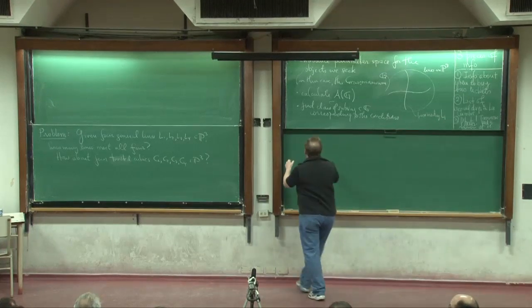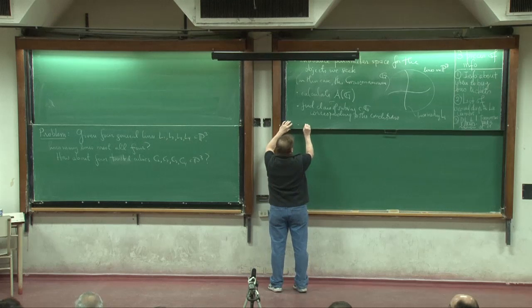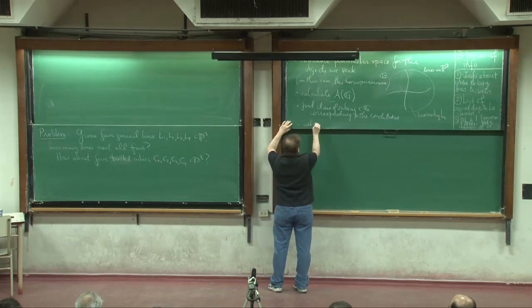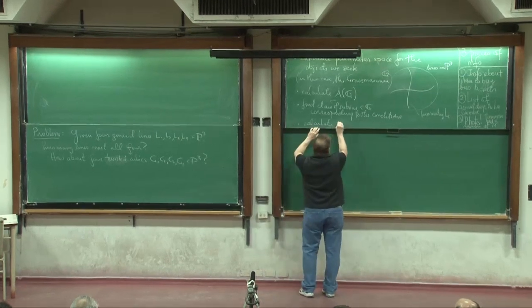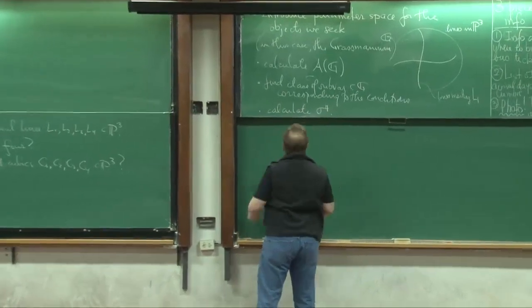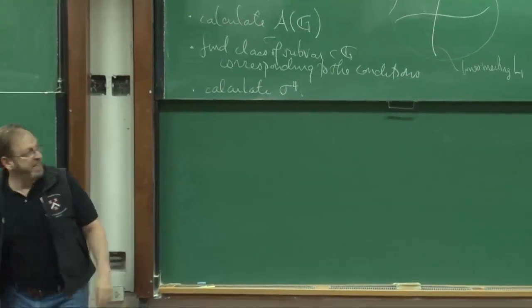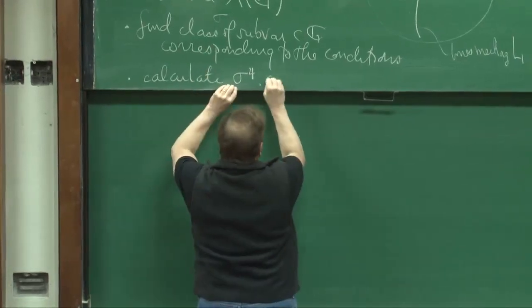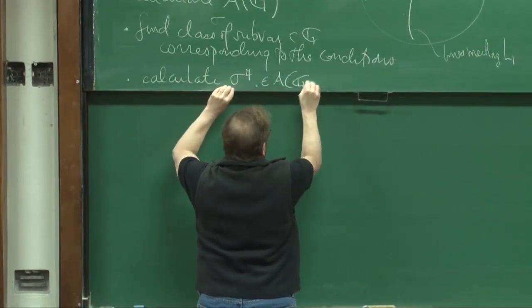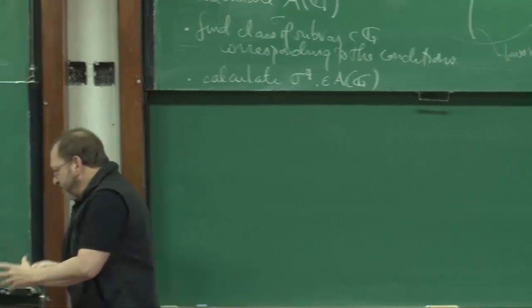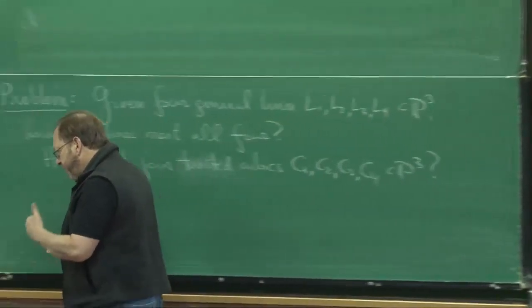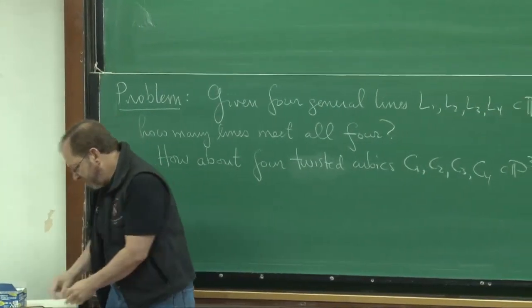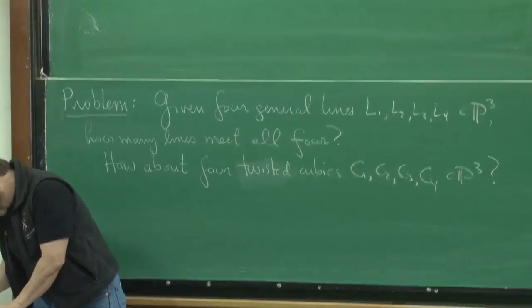So the final step then is just to calculate the product, in this case sigma to the fourth, and that's in this ring A of G. So that's our paradigm, and we'll see this sort of pattern repeated over and over. I'll give you some more examples as we go along, but this is the basic idea.